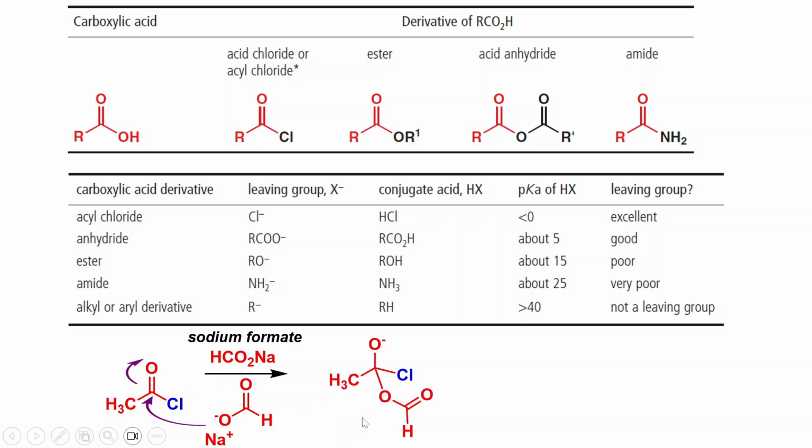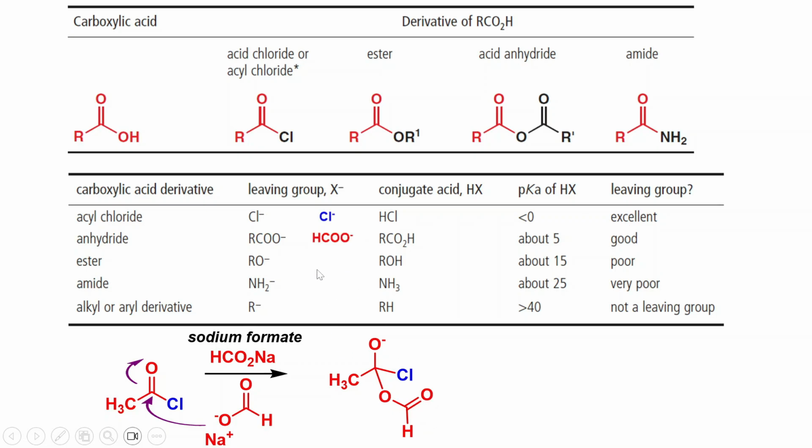So from here, you have to understand which will be the better leaving group. So now you know the CH3, right? So this CH3 is the R minus. That is not a leaving group. So you don't need to consider that one. But you have to consider these two. So if you consider the Cl minus, it will come in the top part, which is the excellent leaving group. And now you have the HCO2 minus.